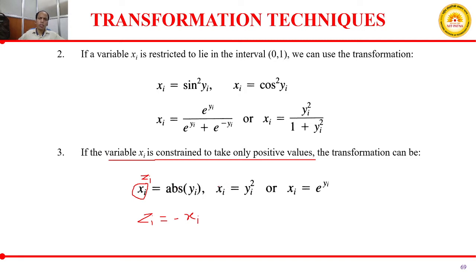We will solve that problem for zi by considering it as a positive value. But the ultimate value of xi will be negative, because xi is minus zi. So you will get a positive value for zi, but the final value of the variable required, xi, will be negative.